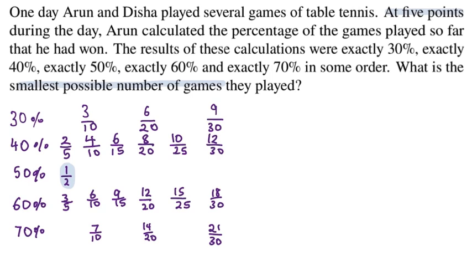So let's start to draw a diagram to represent our information and thought process. So we definitely know we're going to start off with 50%, because that's the minimum denominator we have. Now with 50%, we can go down to 40 or 60%.